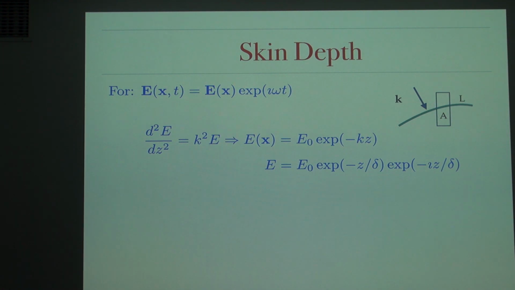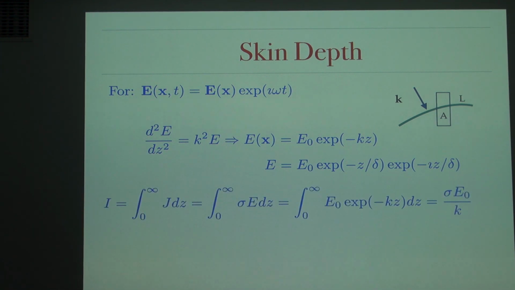So as you see, the electric field decays exponentially going into the material, and decay is governed by the imaginary part of the wave vector k, that is exactly what we call a skin depth.